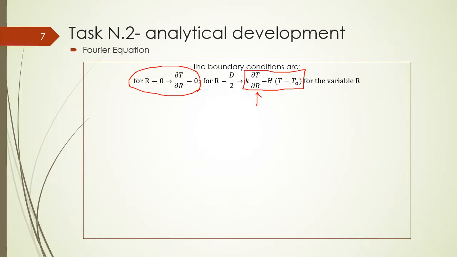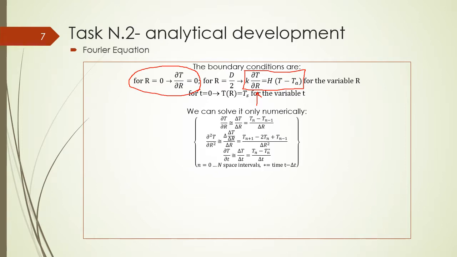In this case, the area among the two members have been eliminated. And then we have the second condition for the time. It means at the initial condition, the temperature in the heart and in the skin of the potato and everywhere is the same, equal to the starting temperature. We can solve this only numerically.